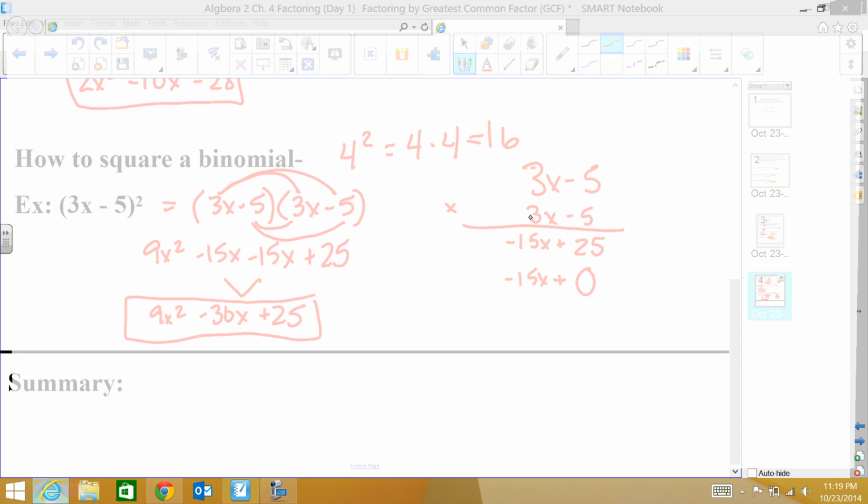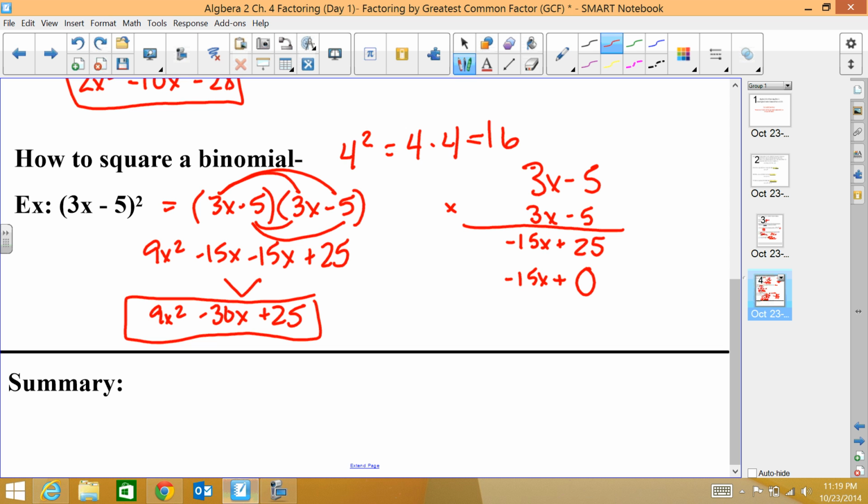And then 3x times 3x, which would be 9x squared. So then we go ahead and we add together. So we have 25, negative 15x plus negative 15x would be negative 30x. And then we have 9x squared. So you notice we get the same answer.